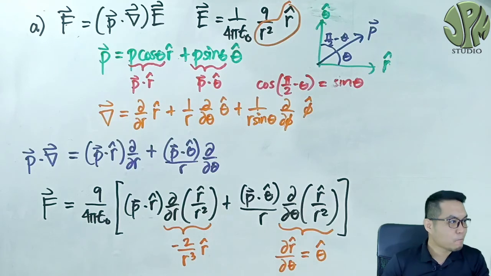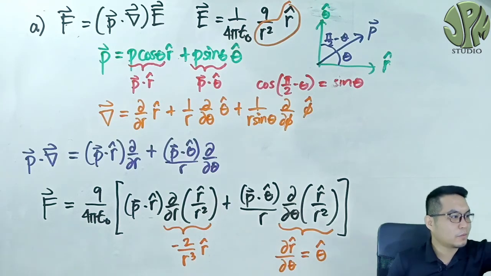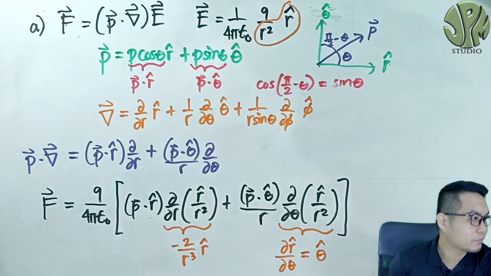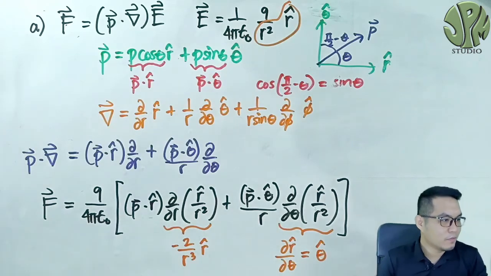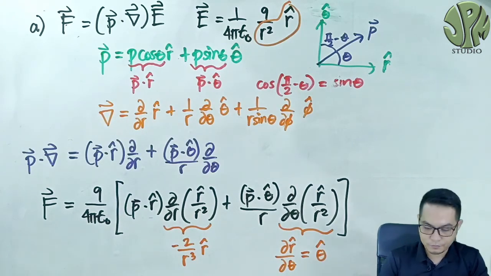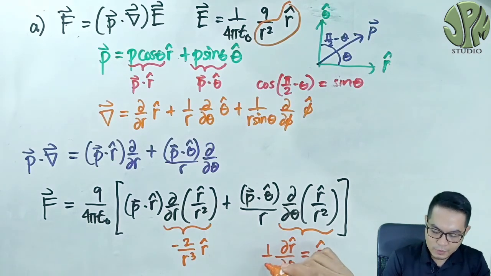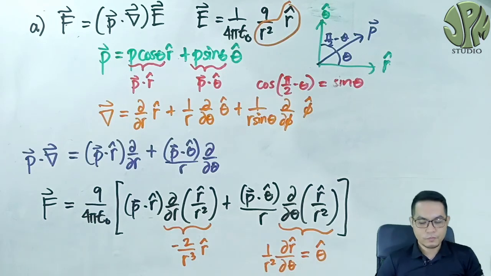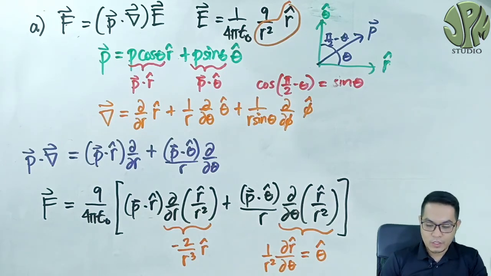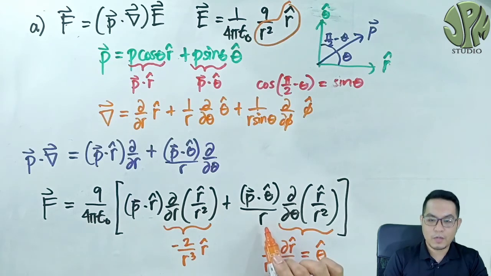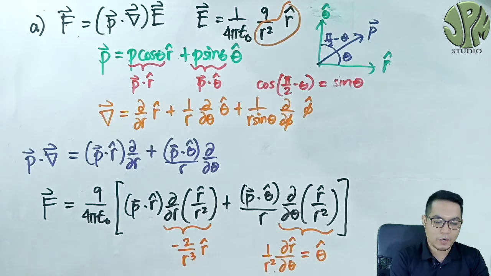So what do we have now? Sorry, I forgot to write the 1 over r squared. There's a 1 over r squared here times a 1 over r, so r cubed. Here you have r cubed, so you can factor out the r cubed.